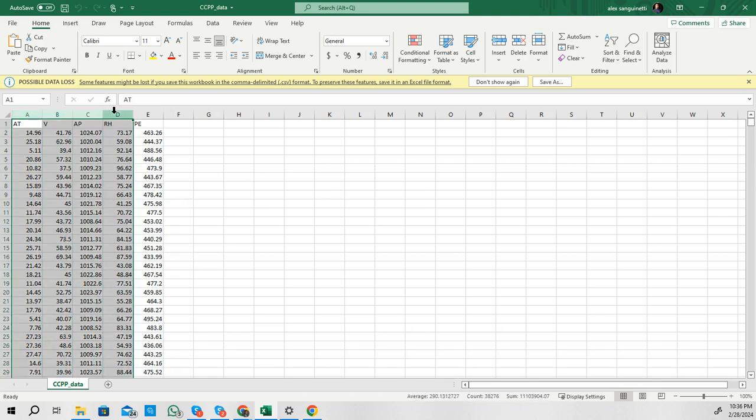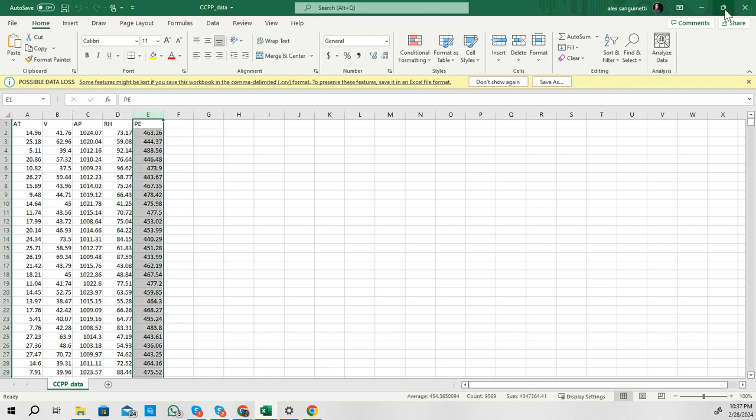Beyond that, I decided that the target would be the output energy. So we had temperature, vacuum, humidity, as well as pressure numbers, with the target being the output.